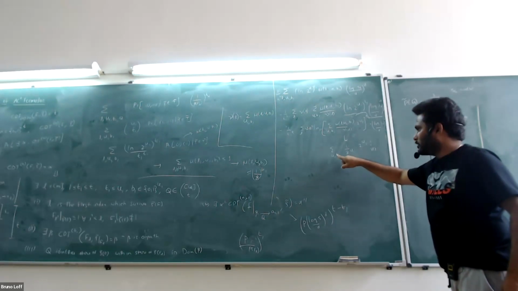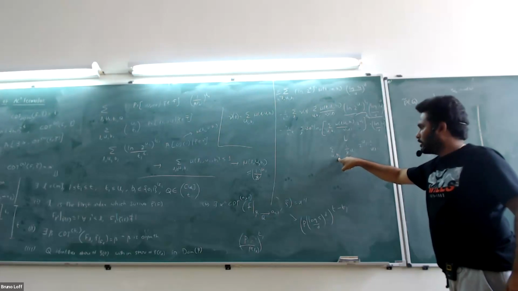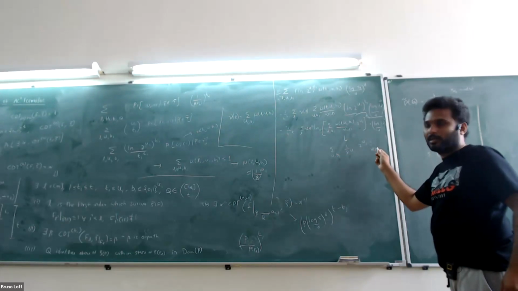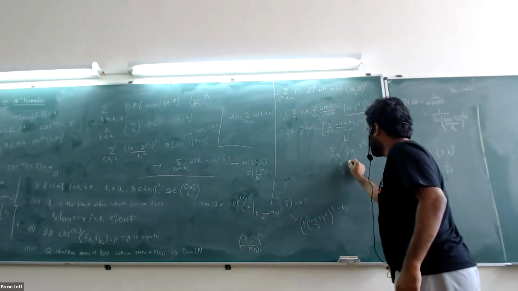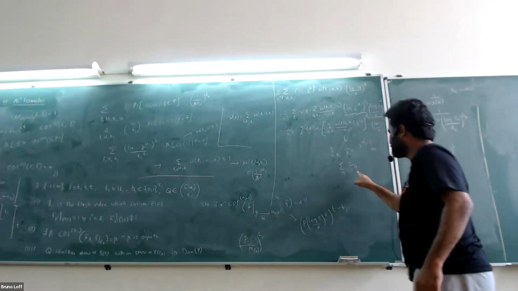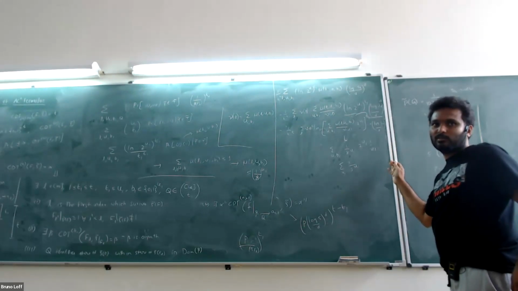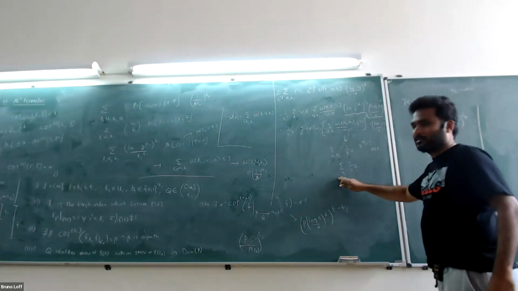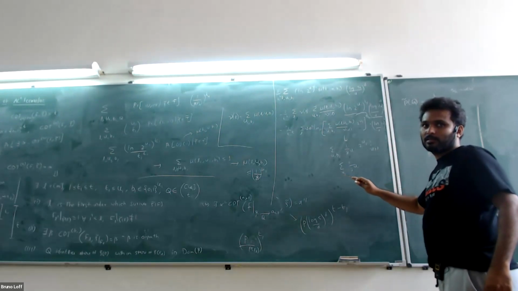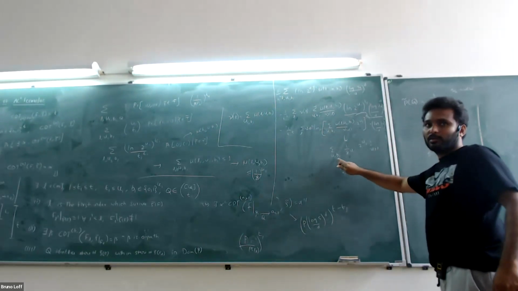When you sum over all these, that will take another 2, and ultimately you'll be left with something like this geometric sum, which is a constant independent of the formula.